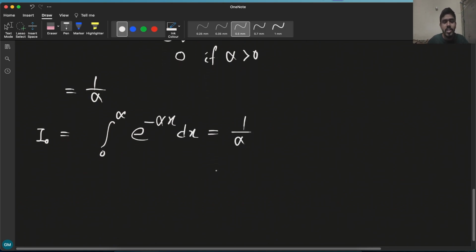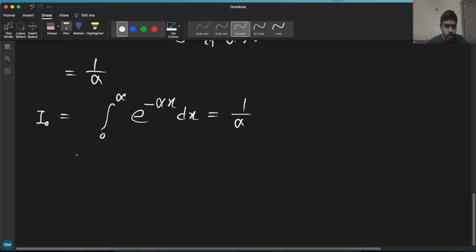Now if I differentiate it with respect to alpha, alpha can also be a variable. While integrating with respect to x, I am treating alpha as a constant, but alpha can also be a variable which is independent of x. So I can treat alpha and x as two independent variables, and in that case I can differentiate with respect to alpha. It will be a partial differentiation.